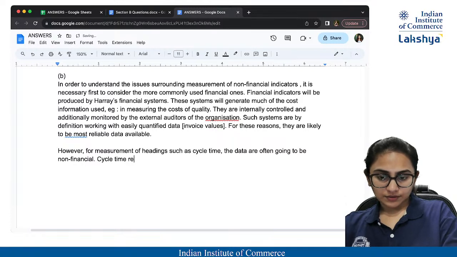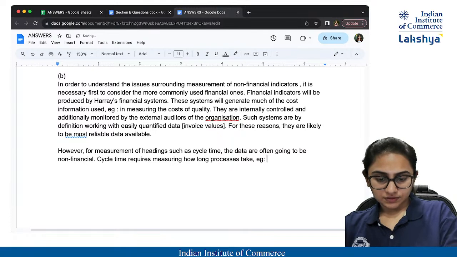Cycle time requires measuring how long processes take. Again, for example, the length of time it takes for a production line to produce a keyboard.